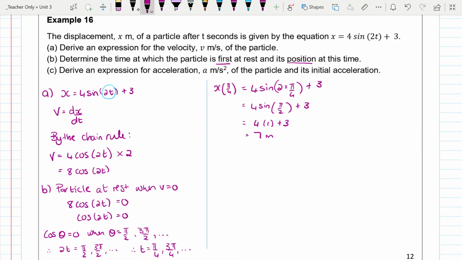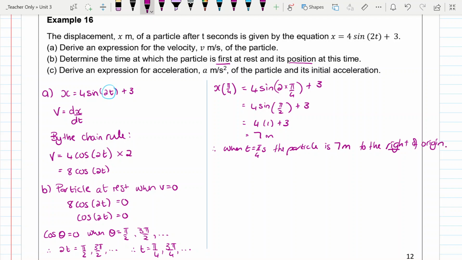Now, remember that we need to interpret the sign of our function, so therefore, when t is pi on 4 seconds, the particle is 7 meters to the right of the origin.